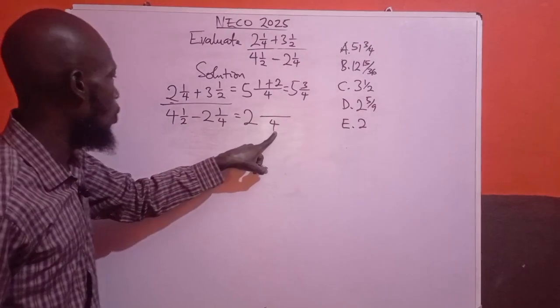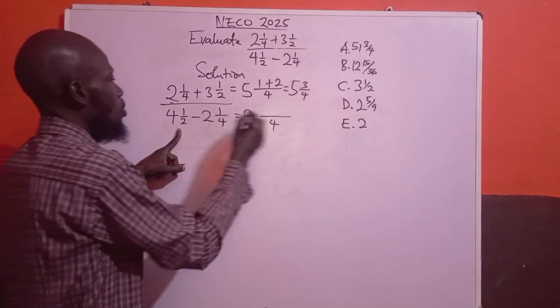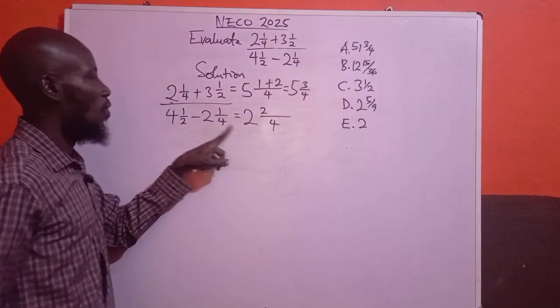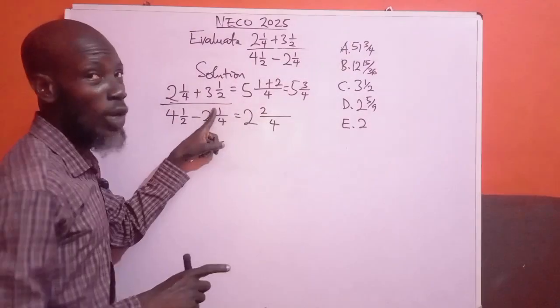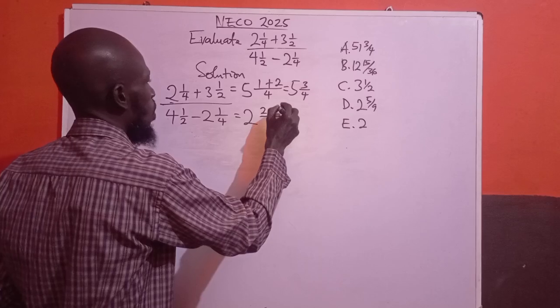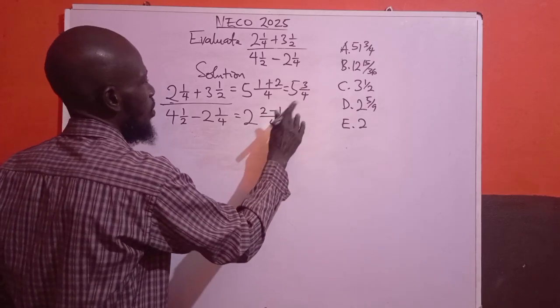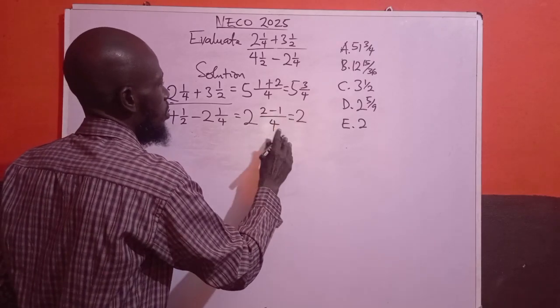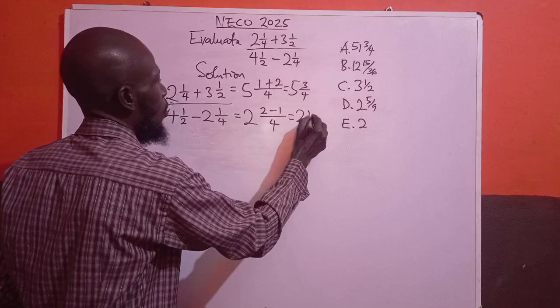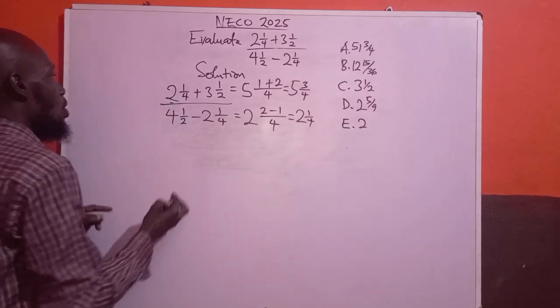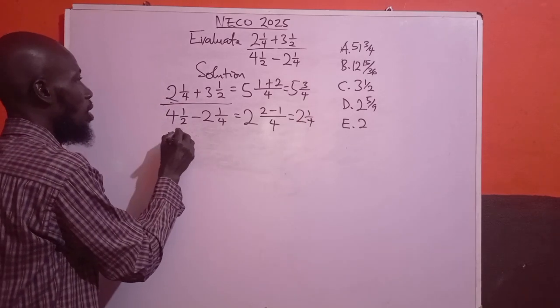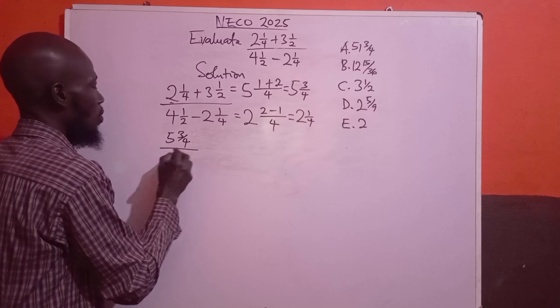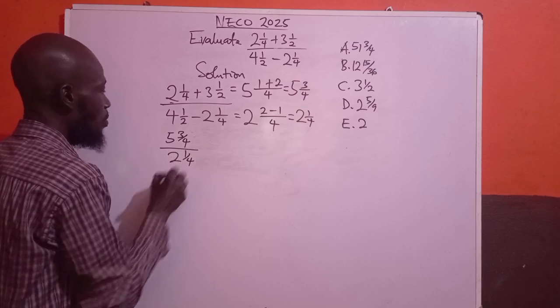So 2 in 4, that will give us 2 times 1, that's 2. Then 4 in 4, that is 1. 1 times 1, that is 1. So this will give us 2 whole number 1 over 4. So bringing the two together, we have 5 whole number 3 over 4 all over 2 whole number 1 over 4.